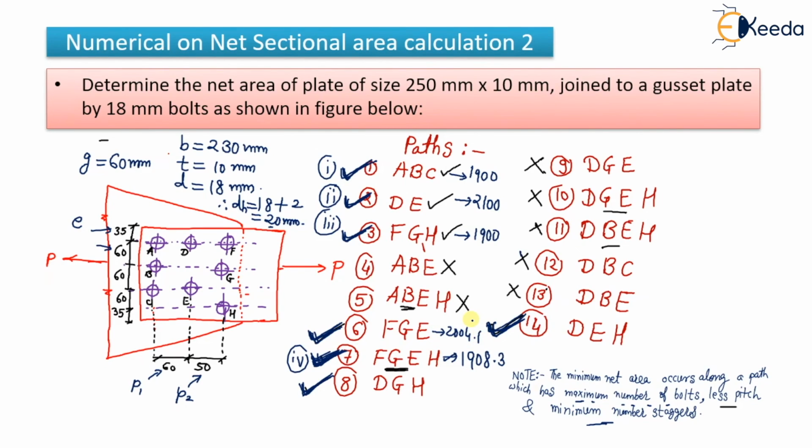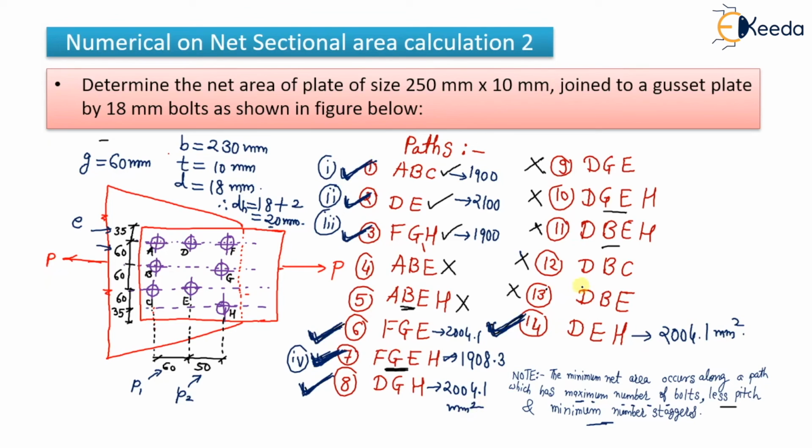For DEH also the value will be the same as for FGE, you can check it: it will be 2004.1 mm square. Even for DGH the value will be the same, 2004.1 mm square.